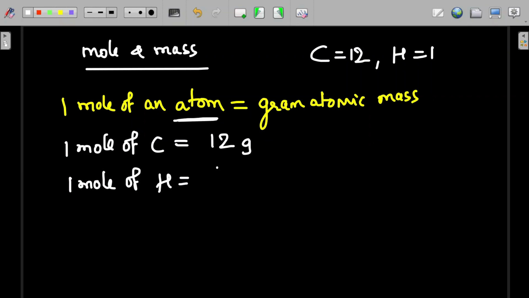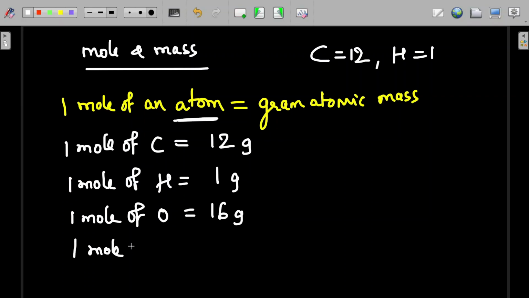Hydrogen atom, it is 1 gram. 1 mole of oxygen atom, atomic mass of oxygen is 16, so 16 grams. 1 mole of nitrogen atom, 14 grams. So 1 mole of an atom is always equal to the gram atomic mass of that particular atom. Clear? Anybody has any doubt in this?